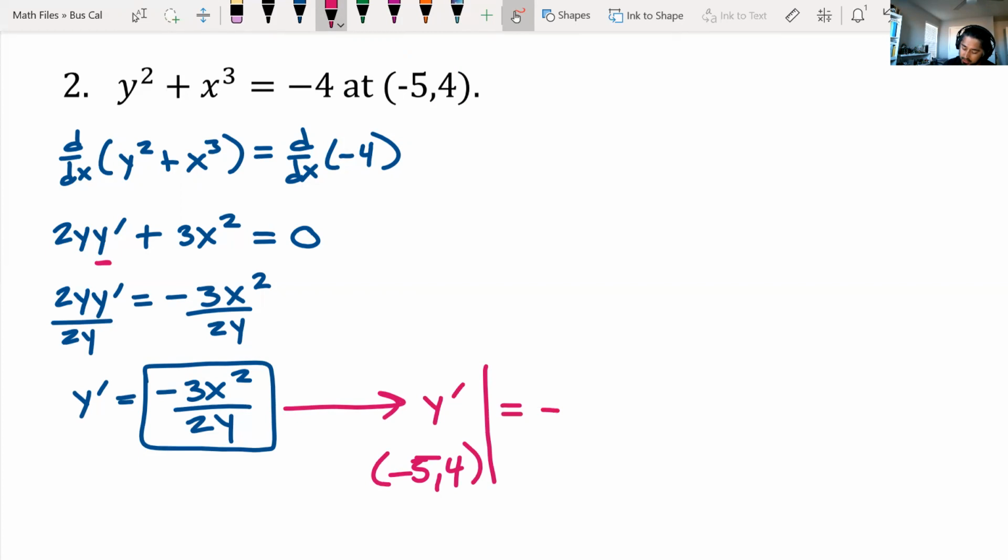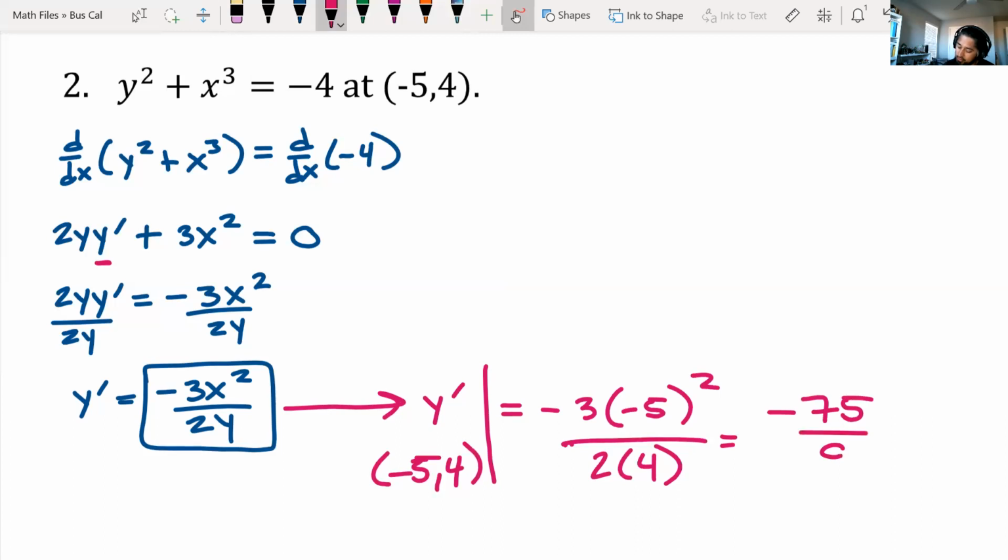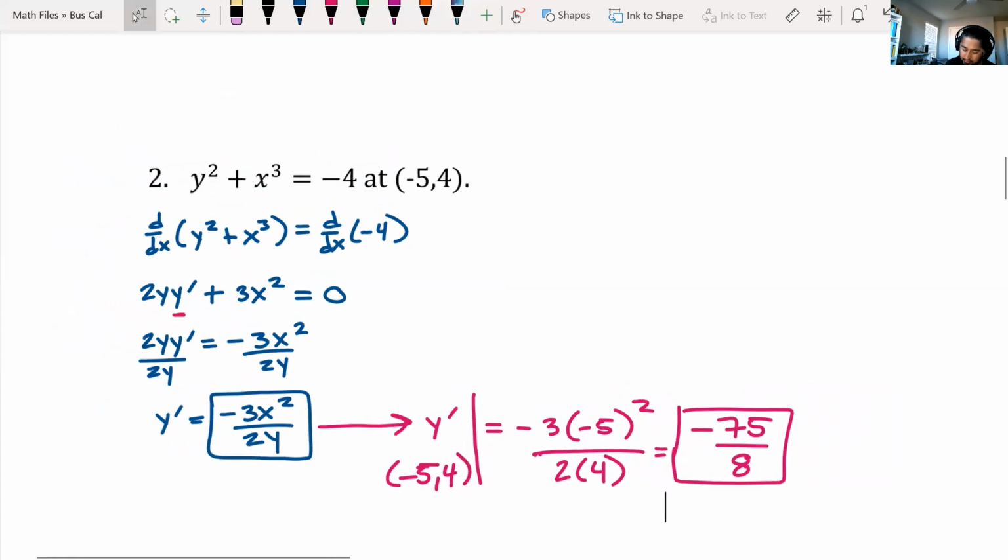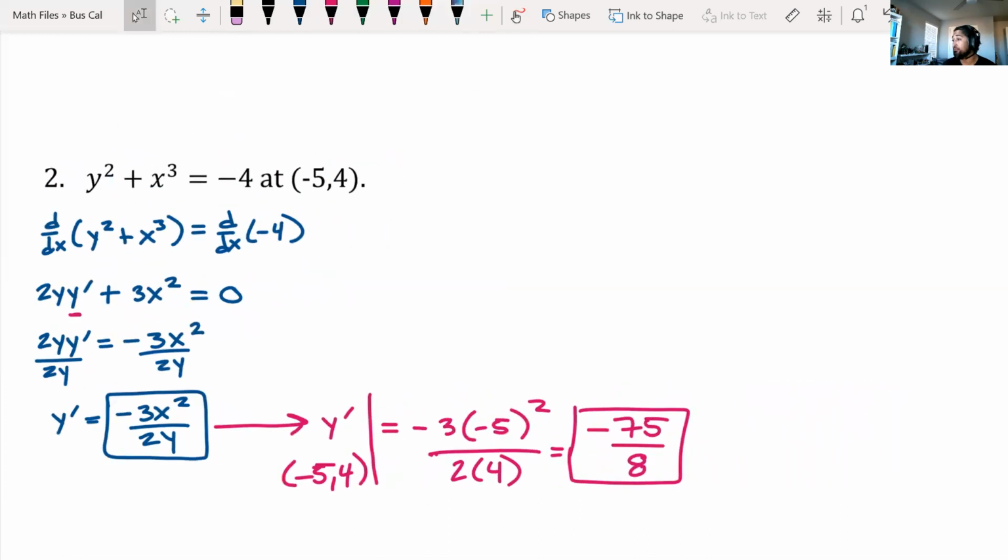So you're going to get negative 3 times negative 5 squared over 2 times 4. And negative 3 times 25, that's negative 75 over 8. There we go. All right. Any questions on that one?